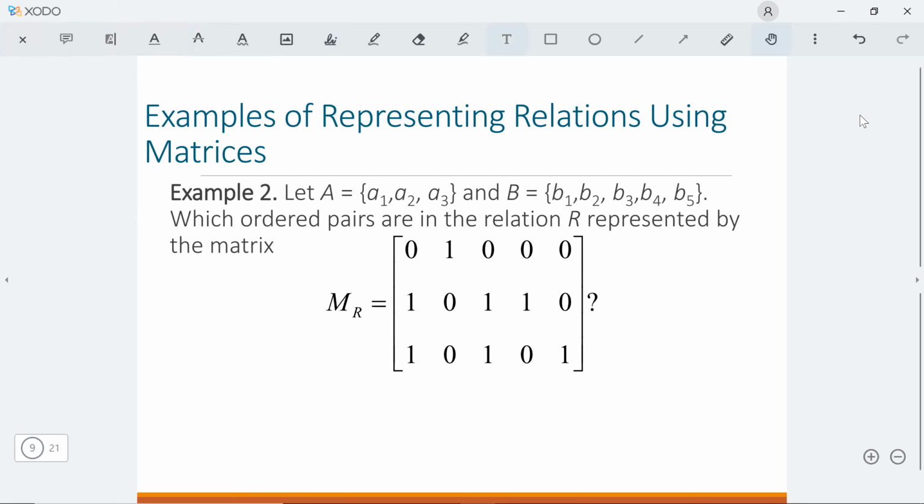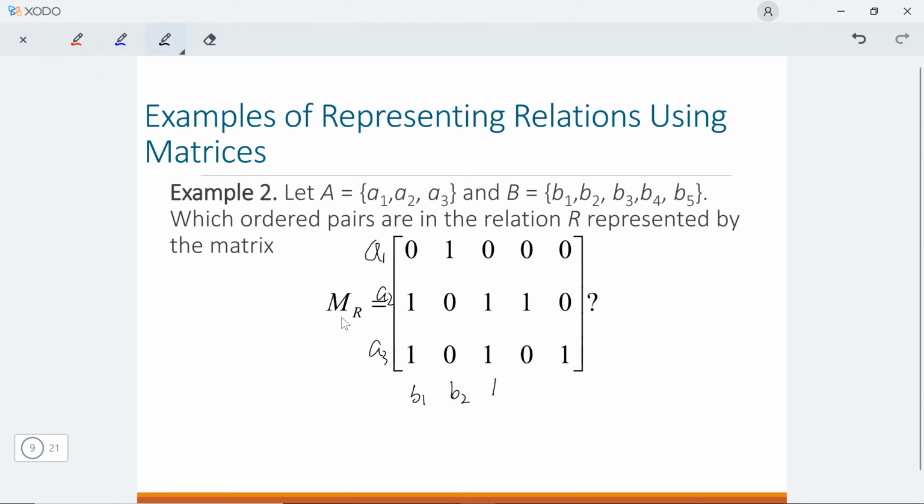And then the third row is our A3. So this is A1, this is A2, this is A3. And for the columns, this is B1, B2, B3, B4, and B5. Okay, so now we understand the meaning of each row and each column.